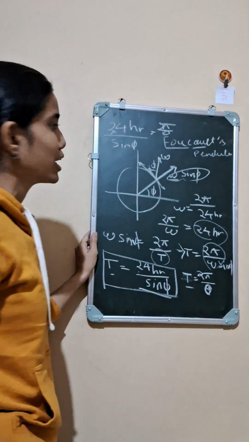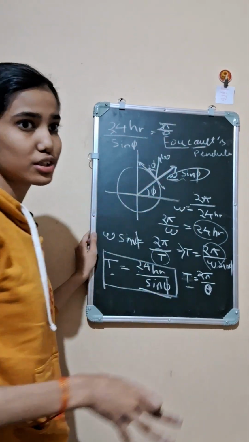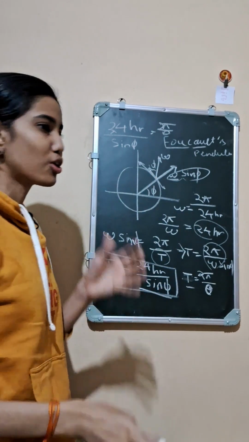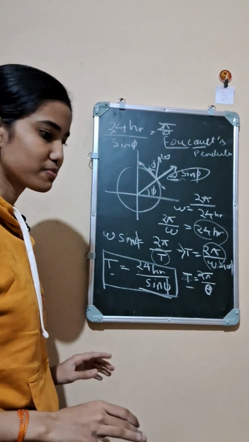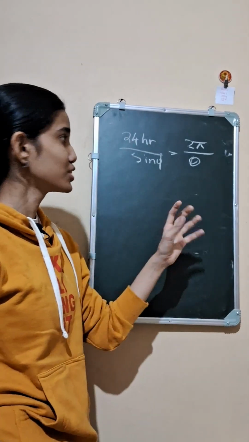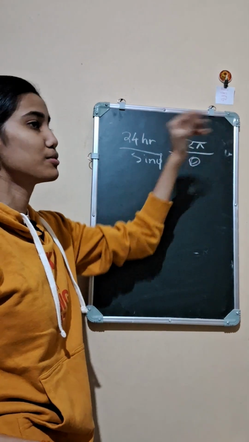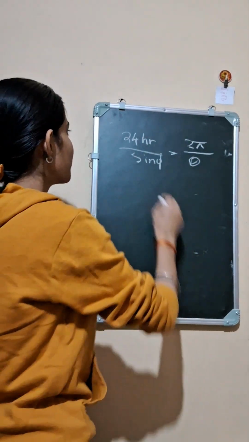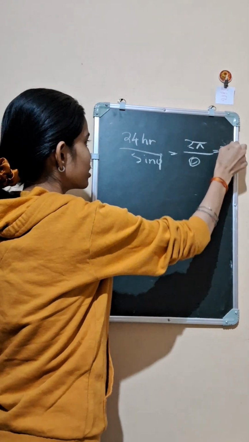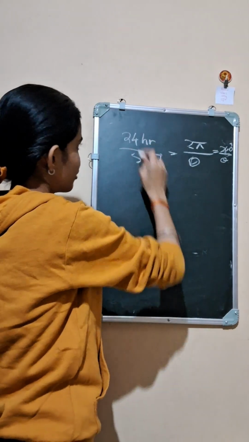We know that 2 pi equals 360 degrees, and then we will just flip the equation, cross multiply and get the value of theta. Let me erase all this and make it clear. The question is asking for the angle in degrees, so we have to convert pi radians into degrees. So 2 pi equals 360 degrees by theta. Now just cross multiply it and then divide by 24 hours.